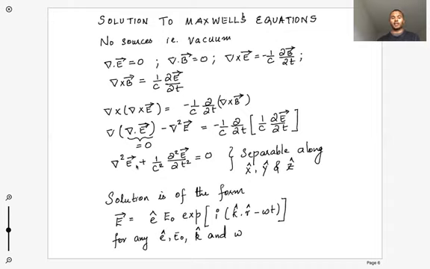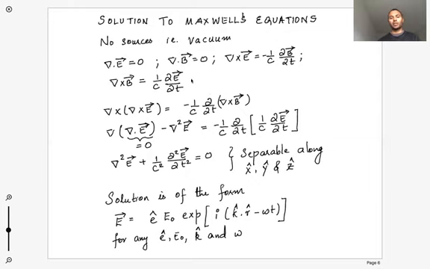In fact, I can write E as alpha times E1 plus beta times E2, and it'll still be a solution as long as alpha and beta are scalars and constants. So that means that the general solution is basically a complex wave of this kind, but you can take any linear combination of an infinite number of these waves and they will still be solutions. So plane waves of all kinds and their superpositions are solutions to the wave equation.